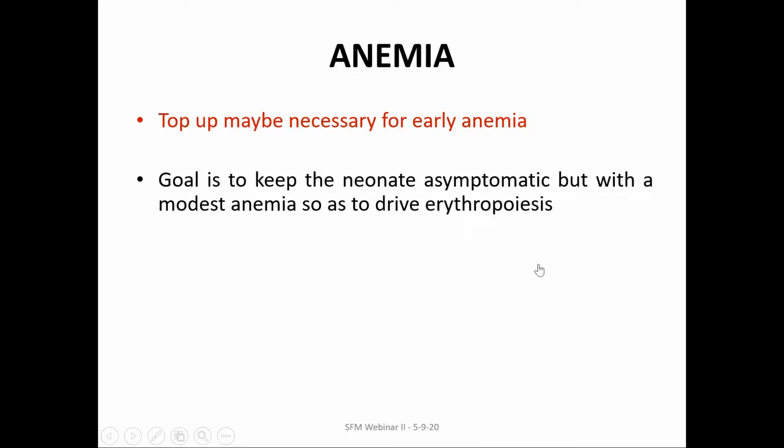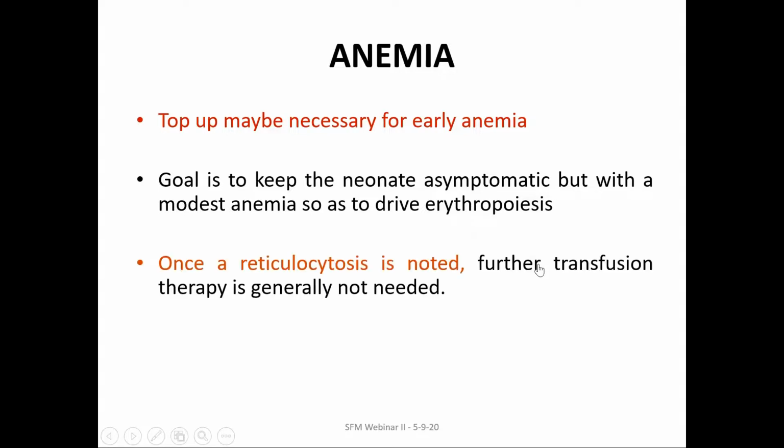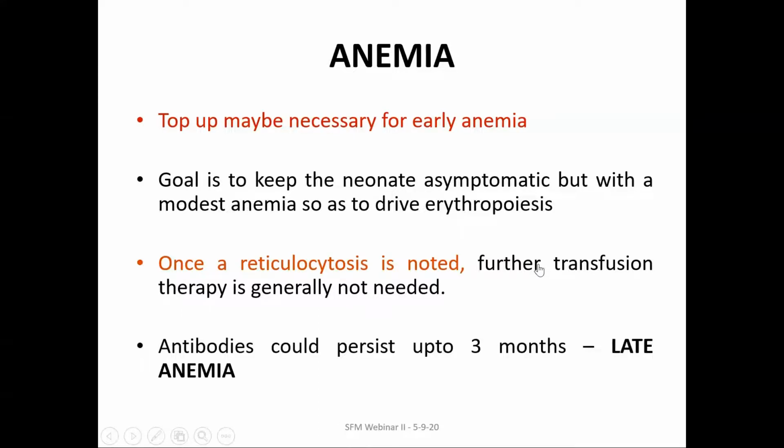Therefore, keep maintaining some amount of modest anemia, so that erythropoiesis continues to be driven. But you have to ensure that the baby has sufficient hemoglobin so as to not be symptomatic. And once a reticulocytosis is noted, that is a sign of erythropoiesis, and that is when you can stop considering further transfusions in that particular neonate.